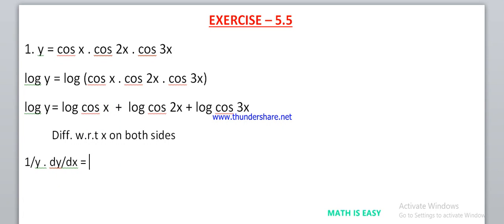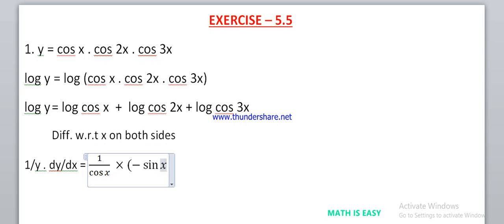if I insert the equation, 1 upon theta, you will get 1 upon cos x, 1 upon cos x into derivative of cos x. Derivative of cos x is minus sin x. Okay.